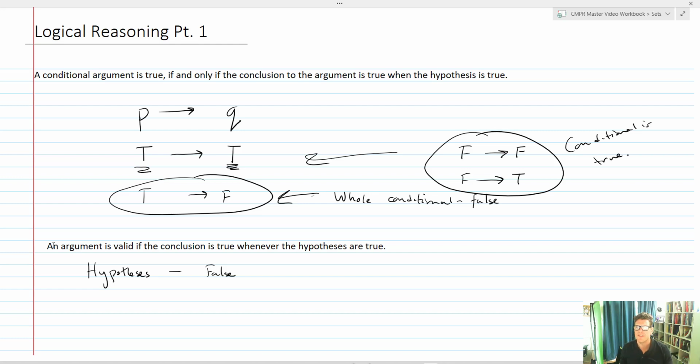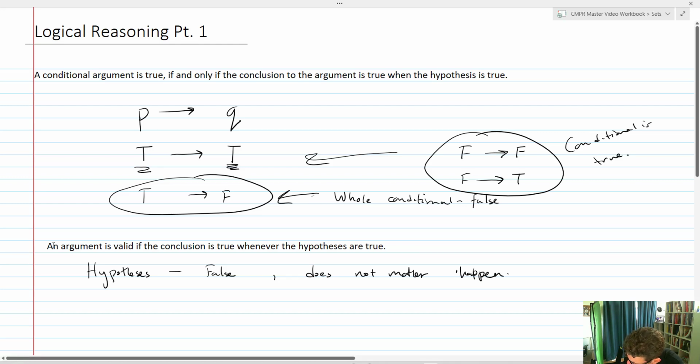In terms of a valid argument, if the hypotheses are false, it doesn't tell us whether we have a valid argument. We only want to concern ourselves with whether the conclusion is true given that the hypotheses are true. So if the hypothesis is false, it does not matter what happens with the conclusion.